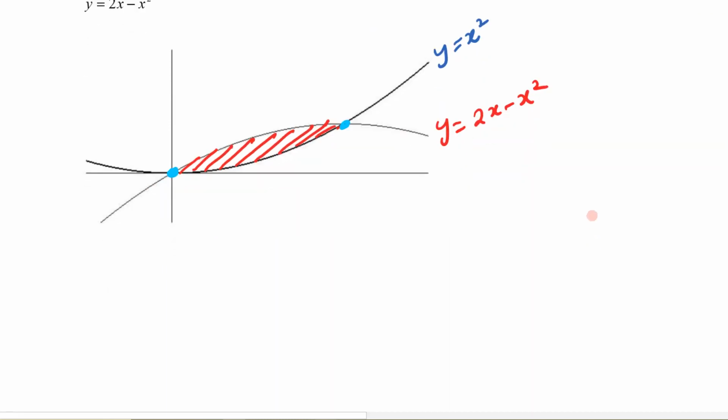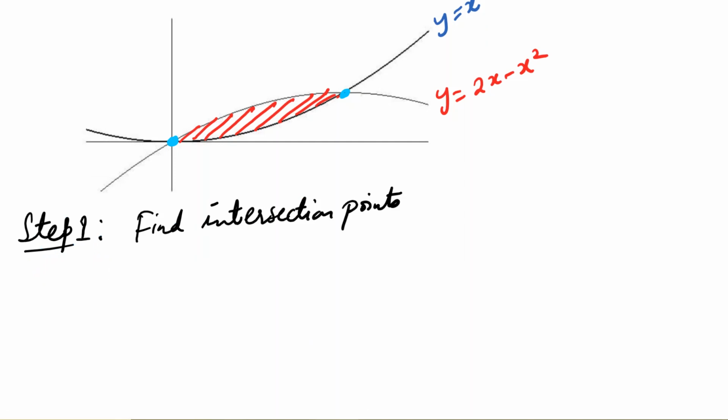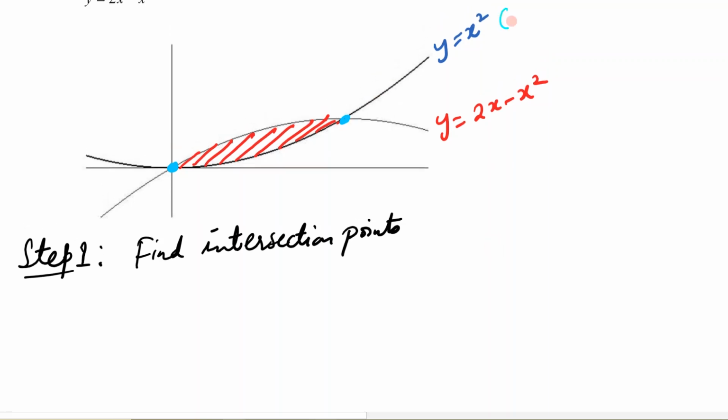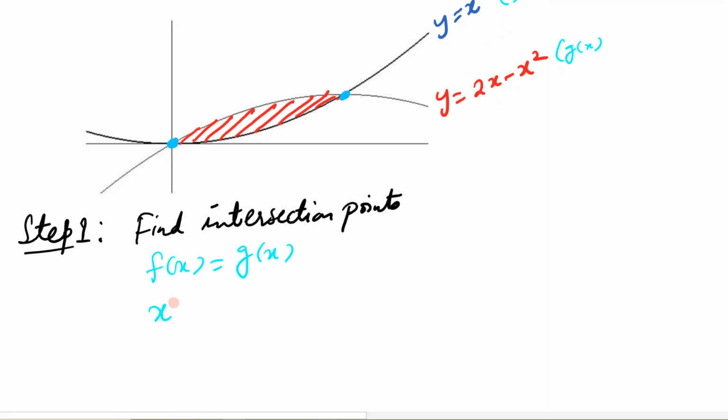So step 1 is find the intersection points. For intersection points, we set f(x) equal to g(x), so both the heights are the same. You can call this f(x) and this g(x). Both the heights are the same at the intersection point, so the first curve is equal to the second curve.